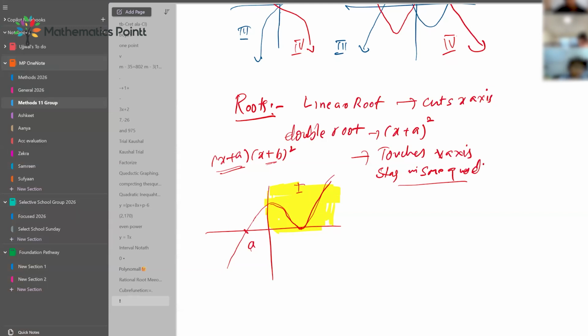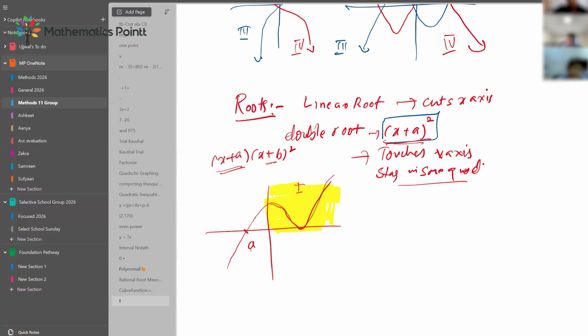And what is a parabola? A parabola is a double root polynomial, right? So whenever you have a double root, your graph will create a parabola. Always remember that.